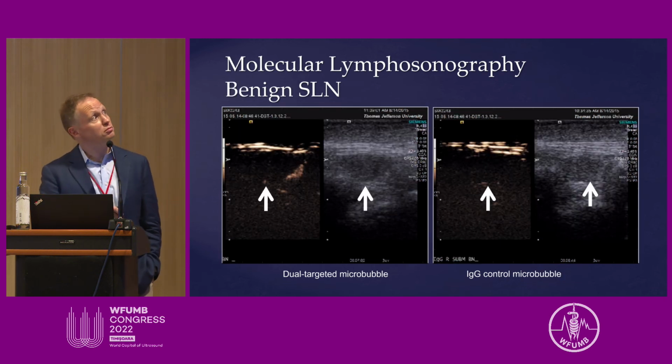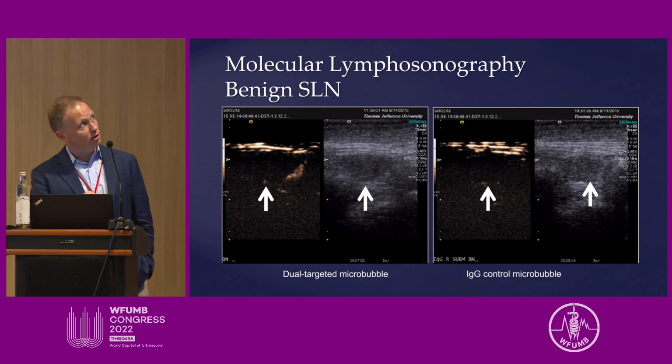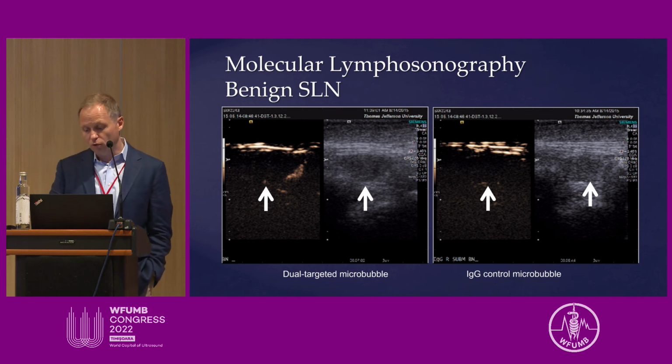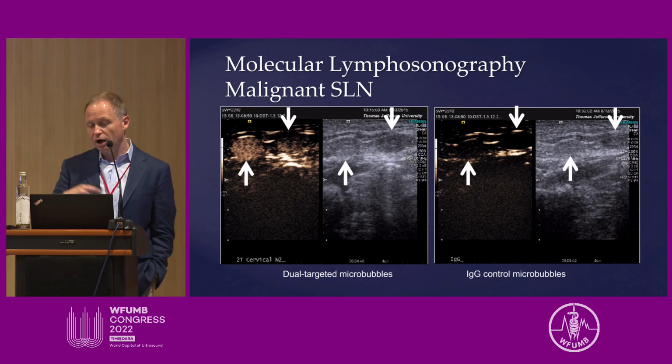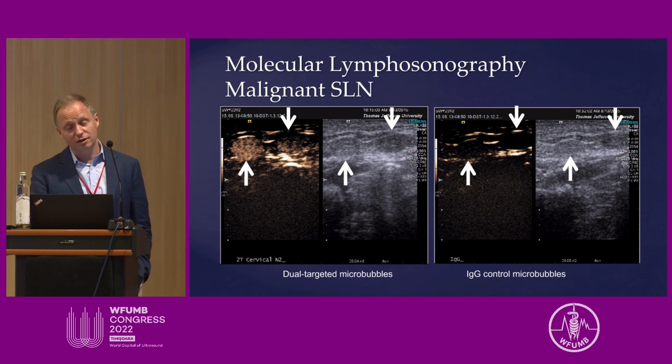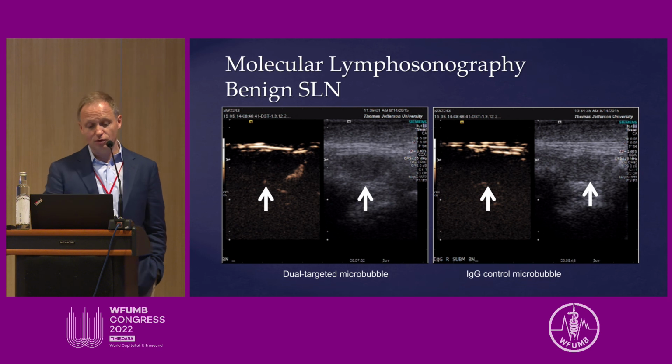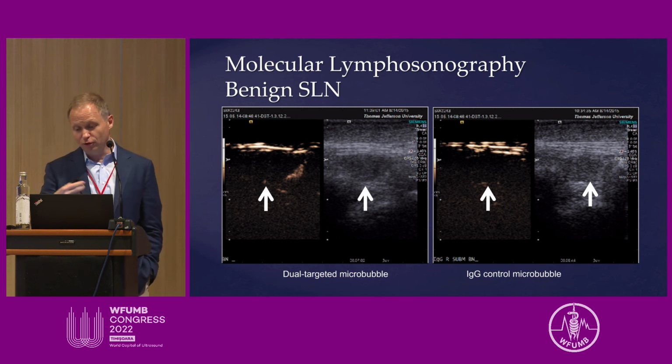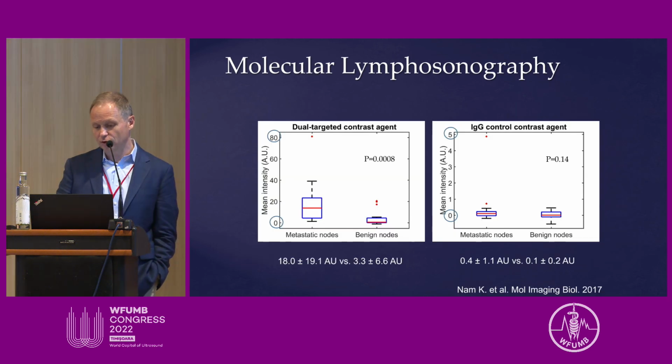Benign lymph nodes, thank God, retained none of the dual targeted agents and retained none of the control microbubbles. So basically with injection of these VEGF and P-selectin targeted microbubbles, you can really highlight metastatic lymph nodes, and your benign lymph nodes will have no contrast retention after a while.